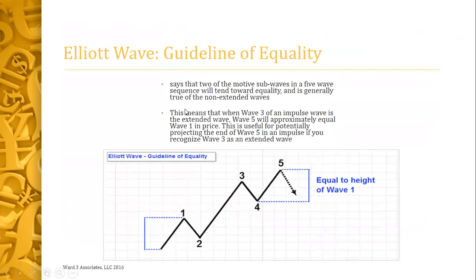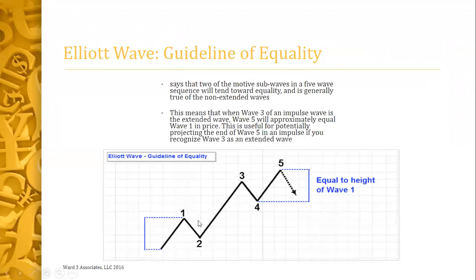Not only that, this means that when wave 3 of an impulse wave is the extended wave, wave 5 will approximately equal wave 1 in price. This is useful for potentially projecting the end of a wave 5 in an impulse if you recognize wave 3 as an extended wave.